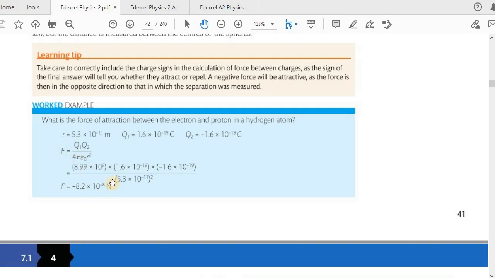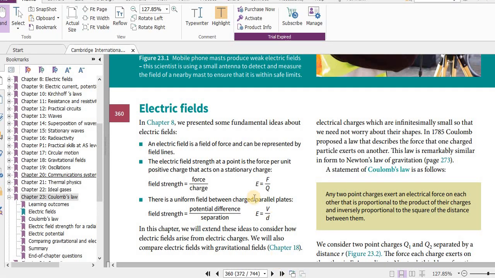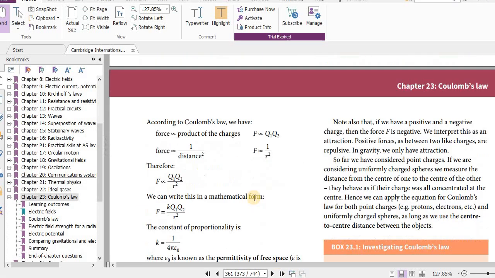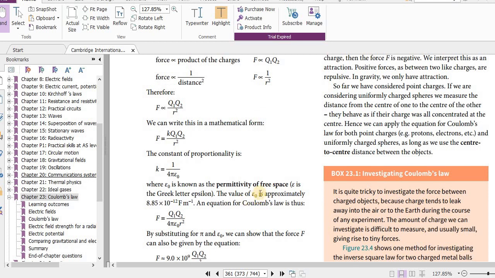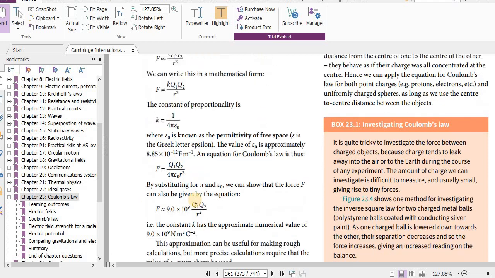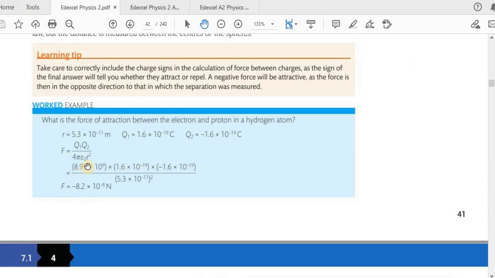Now if you go back to the values of K and epsilon naught, you can see here epsilon naught has this value, the unit is farad per meter, and K has this value, see 9.0, it's approximated, times 10 to the power 9 newton meter squared per coulomb squared. And here you can see they use more significant figures.